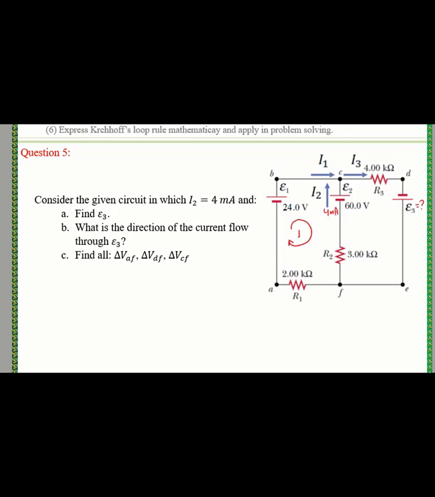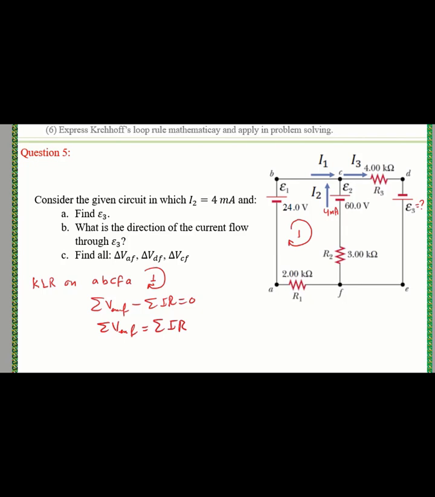So Kirchhoff loop rule on A, B, C, F, A clockwise direction. Sigma EMF minus sigma IR equals 0, or sigma EMF equals sigma IR.